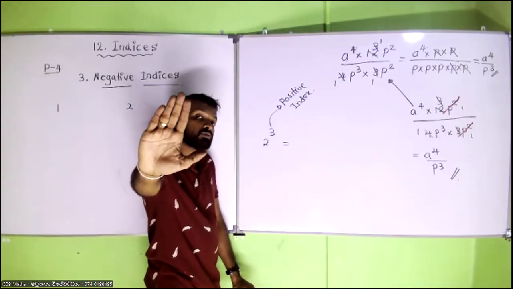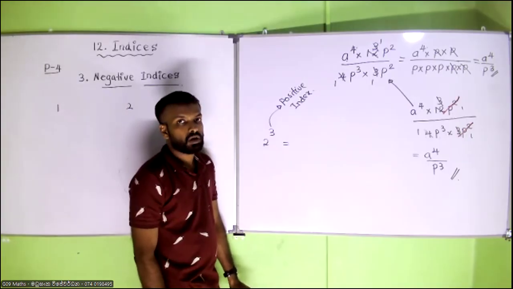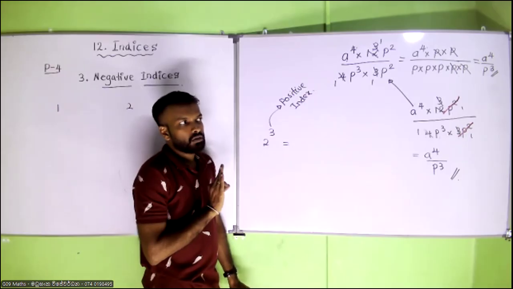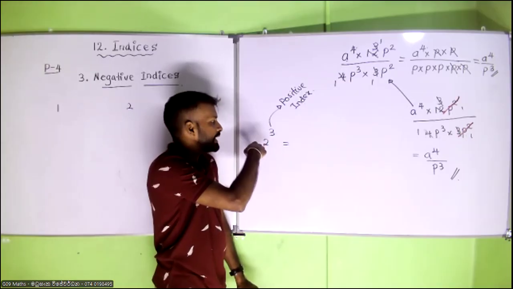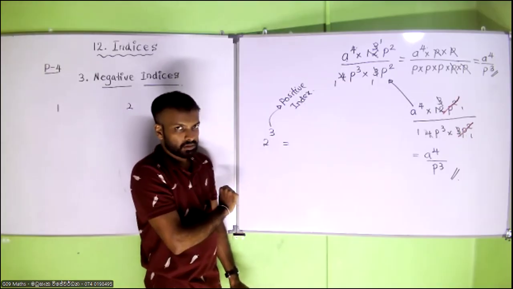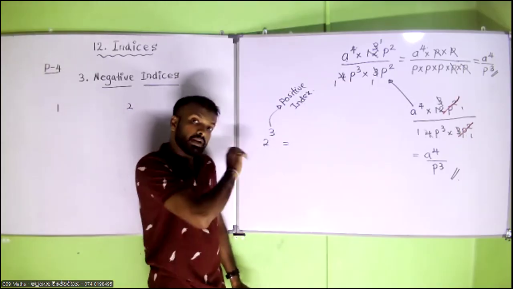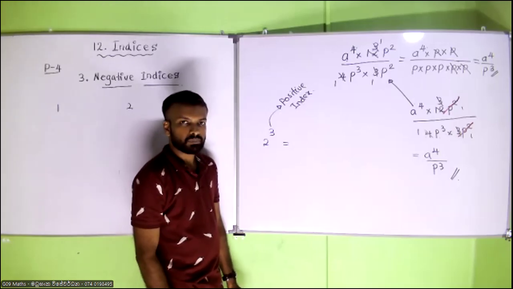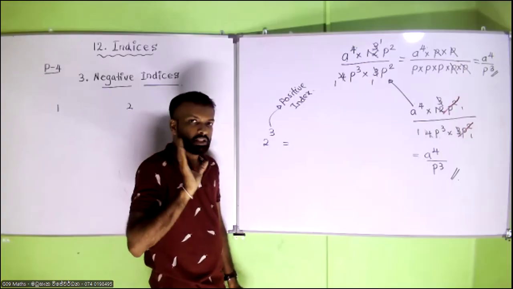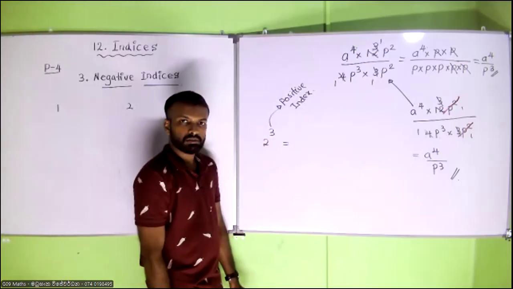Now if someone asks from you, brother, sister, please make sure that positive power converts into negative power. How you are going to do that? Very easy. The only thing, you have to get the reciprocal.